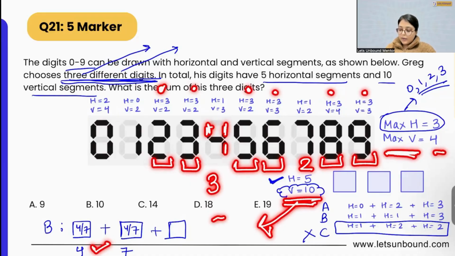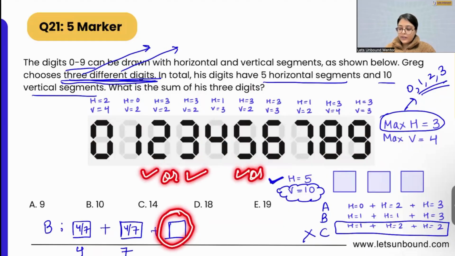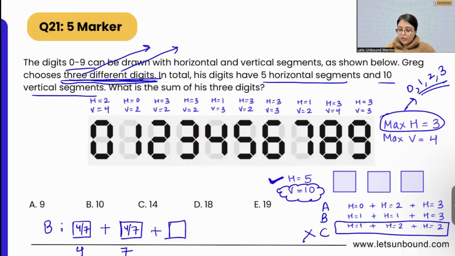So even if you add 5 plus 4, you get 9, which will never be 10. That means for the third digit, no matter whether you pick 2, 3, 5, 6, 8 or 9, the total count for vertical segments will never be 10. So my option B is also discarded.